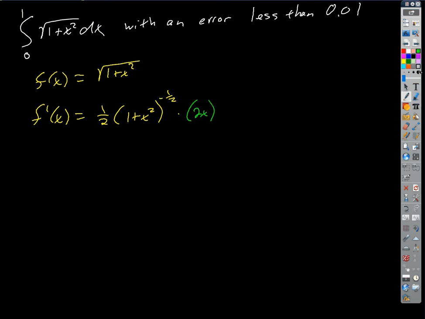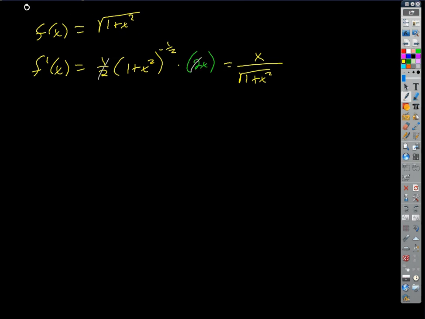Okay, and I could go ahead and cancel the 1/2 and the 2. That's kind of nice, right? And then I just end up with x divided by the square root of 1 plus x squared. Okay, so there's the first derivative. Now I have to take the second derivative. So what's that going to look like?